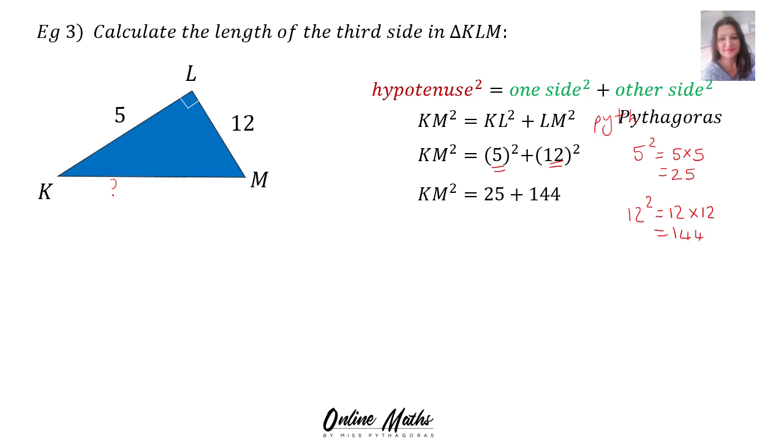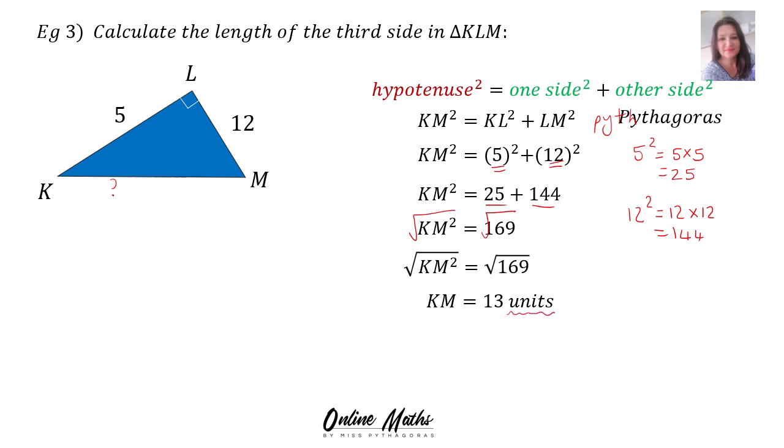And then we can add 25 plus 144, which is 169. And then to get rid of the square, because we only want KM, we take the square root of both sides. And the square root of 169 is 13. And then I also want to show you this. Can you see that there were no units given? So therefore we can write there 13 units.